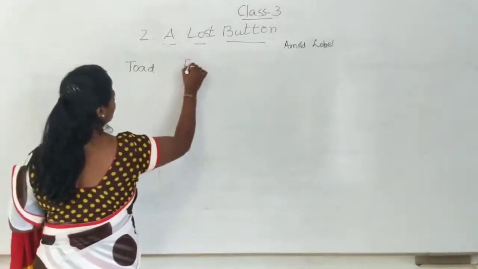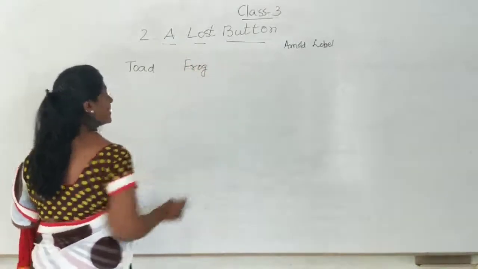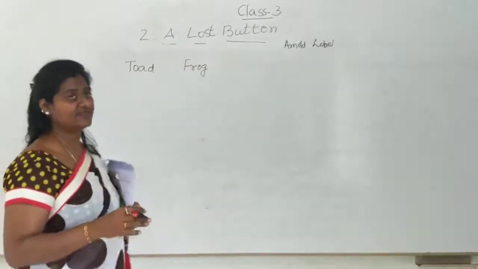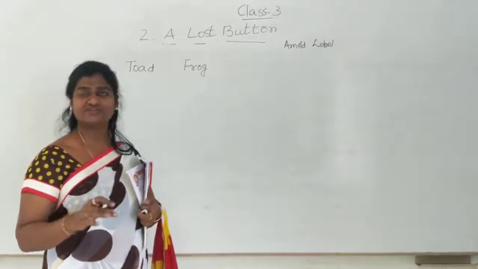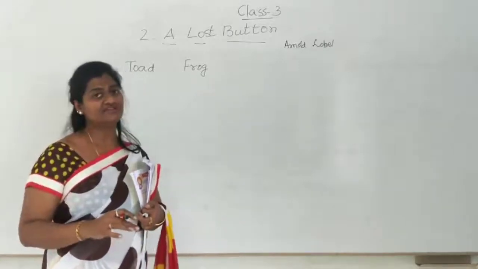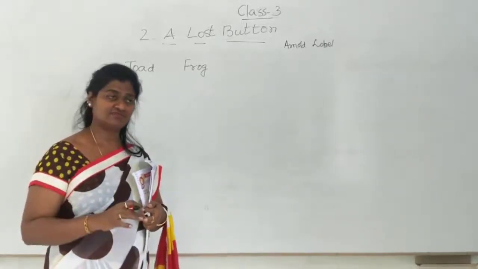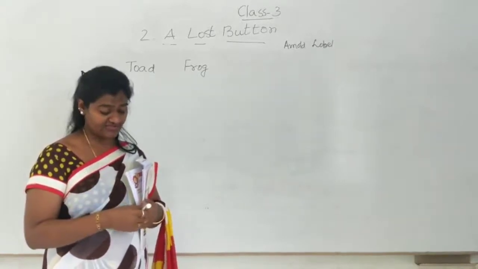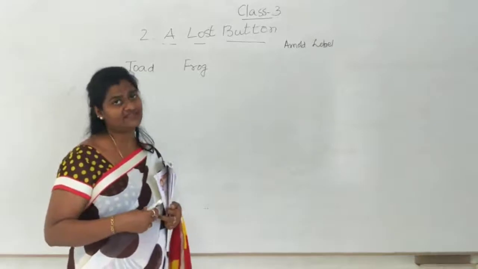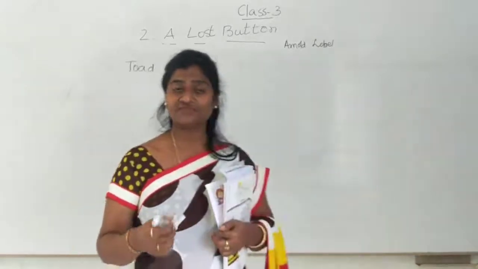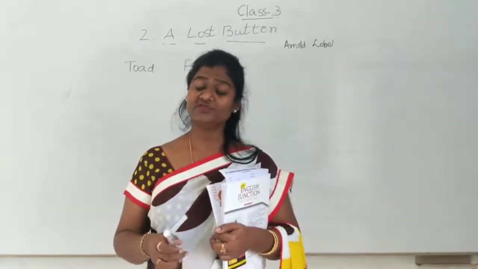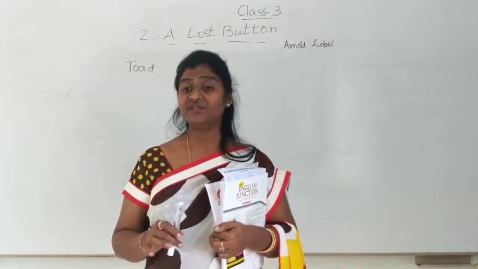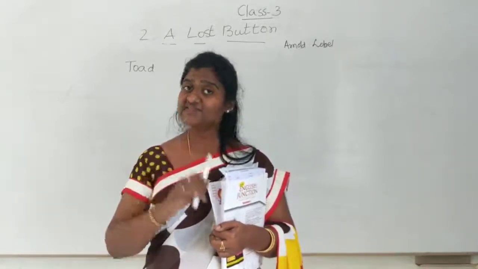What is the difference between a toad and a frog? Children, to have good knowledge of everything is very important. You should not say this is not related to English, this is not related to science or maths, because English is a language that connects all the other languages. For example, if you need to do your maths also, you need to know English. That will help you understand the instructions.